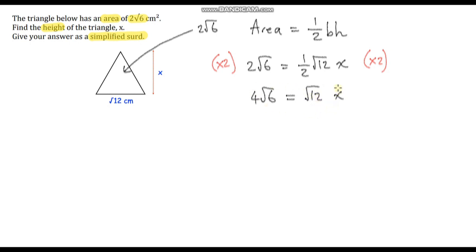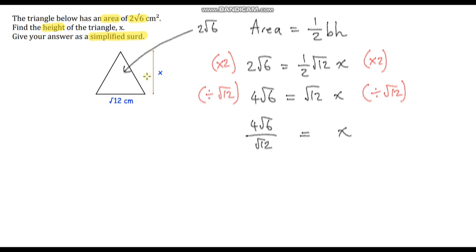What I'm going to do is get x on its own. So at the moment we're multiplying by root 12. So if I divide both sides by root 12, we'll just have x on its own. So if I divide the left by root 12 and I divide the right by root 12, on the left hand side we've got 4 root 6 over root 12. And on the right hand side we've just got x.